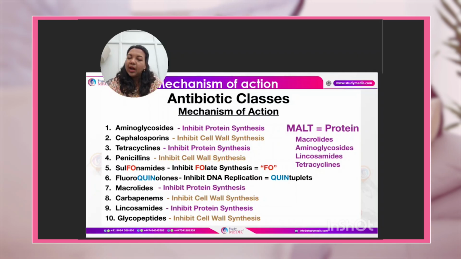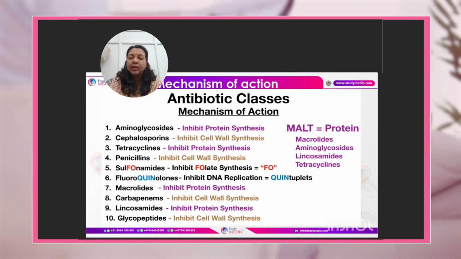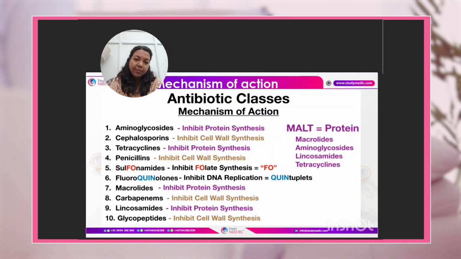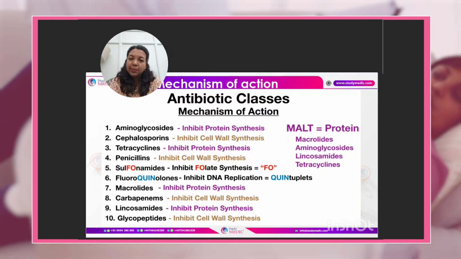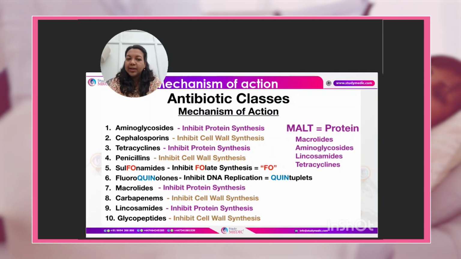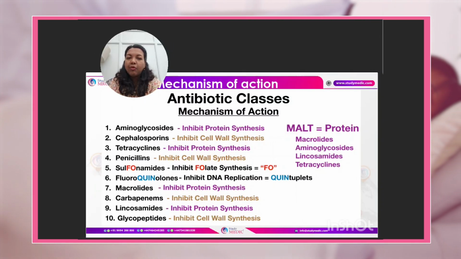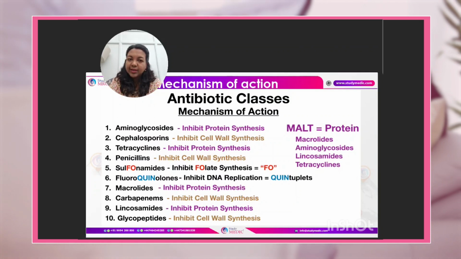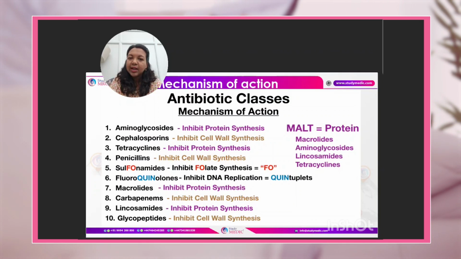To have a quick memory, the mnemonic MALT can be used. Basically, all are against protein synthesis, and this includes macrolides, aminoglycosides, lincosamides, and tetracyclines. Of these, the macrolides and lincosamides act on one particular ribosomal subunit, and aminoglycosides and tetracyclines on the other.